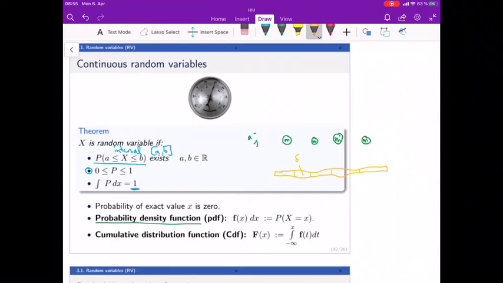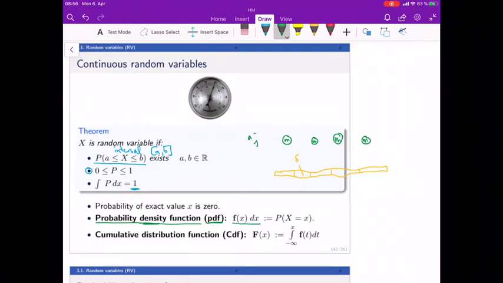It's just an analogy that inspires the name. So the probability density function, the PDF, where density means immediately a continuous random variable, is basically defined as this one here.